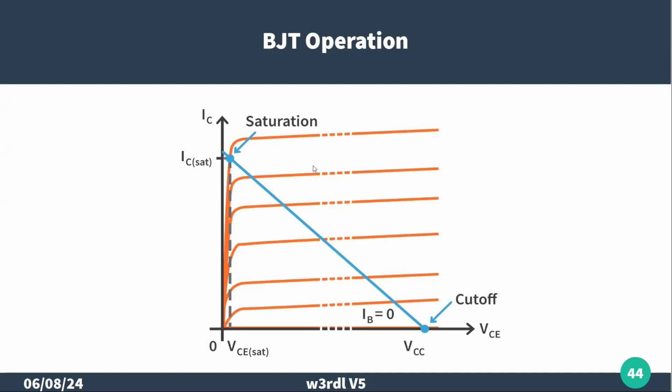And each of these horizontal lines is a different amount of base current. So in this case, if we have no base current, we're going to have no current flow. As we increase the base current, the current from collector to emitter increases. They're kind of the opposite of the field effect.